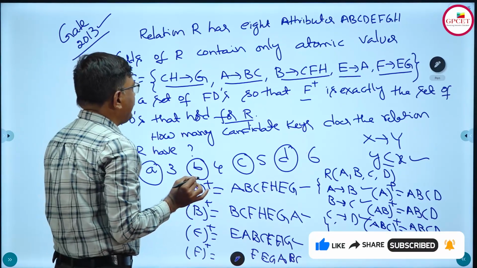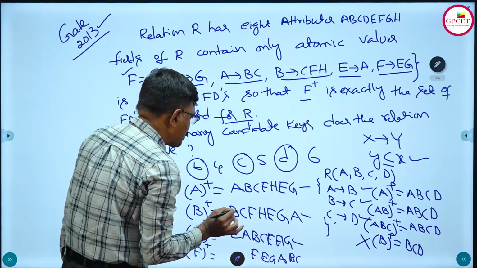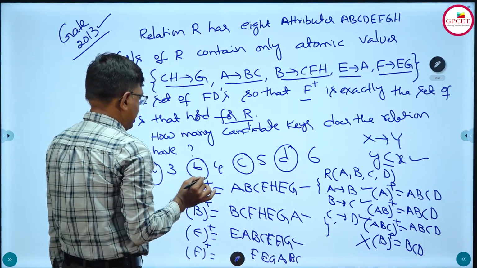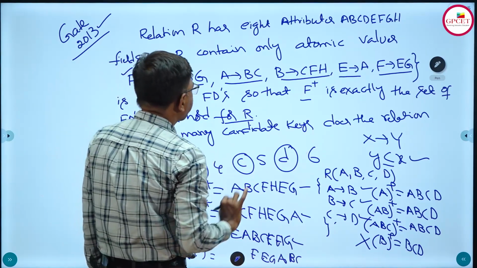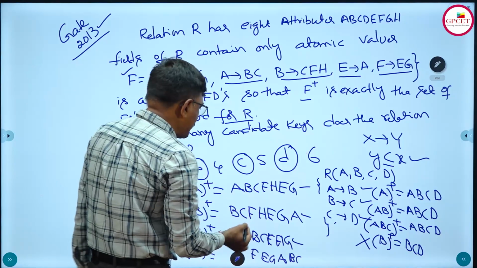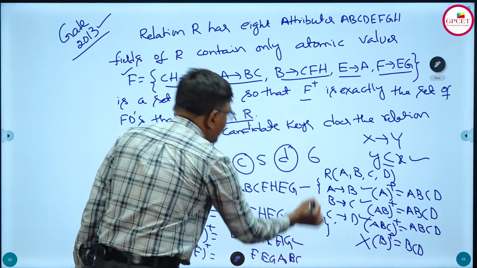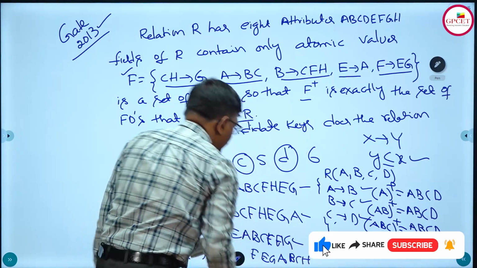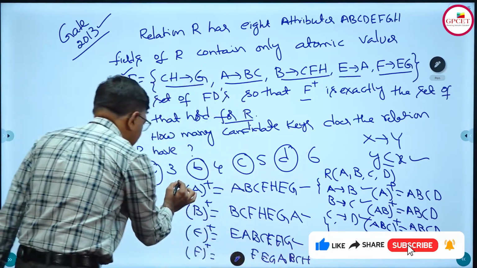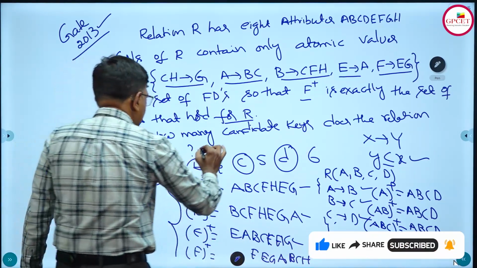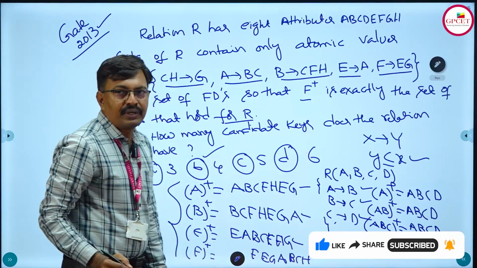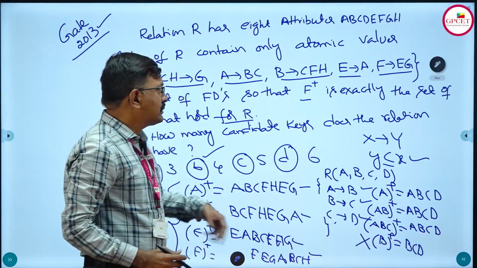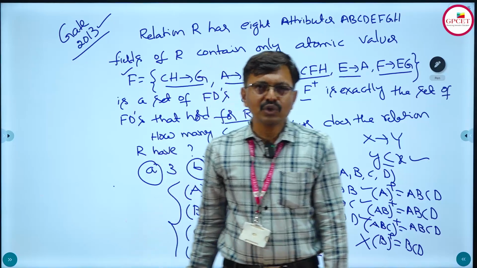And then E tends to A, CH tends to G, and B tends to CFH. C is there, F is there, H. You can get the original relation. That is, there are 4 keys. This is the second option, the correct one. Okay, this is the second GATE example according to our syllabus.